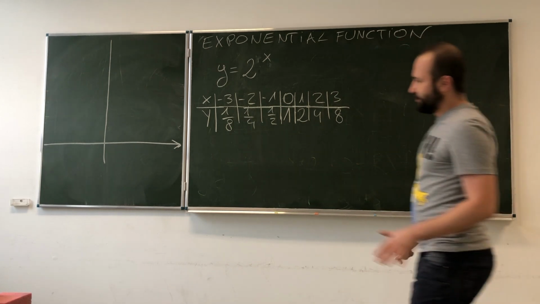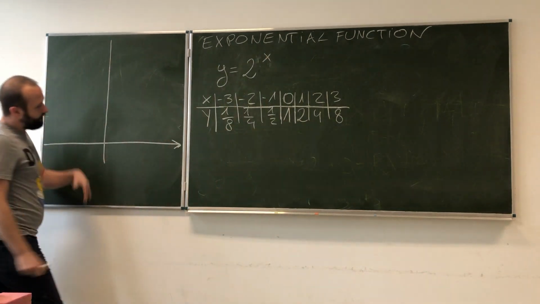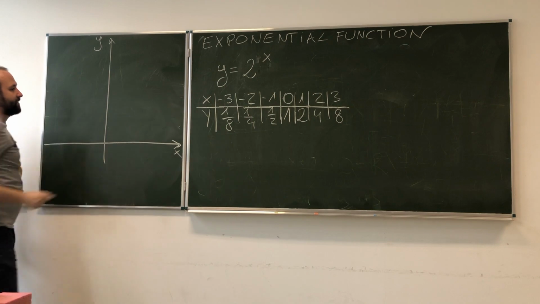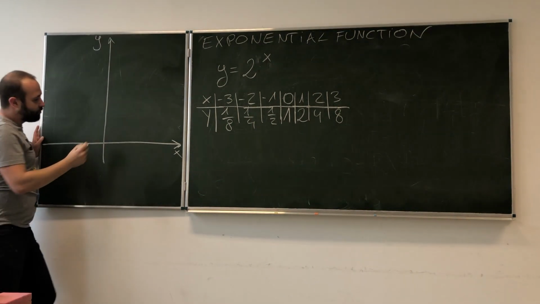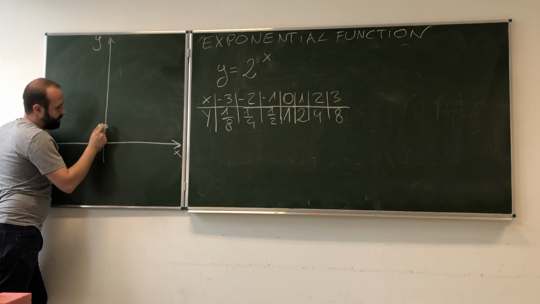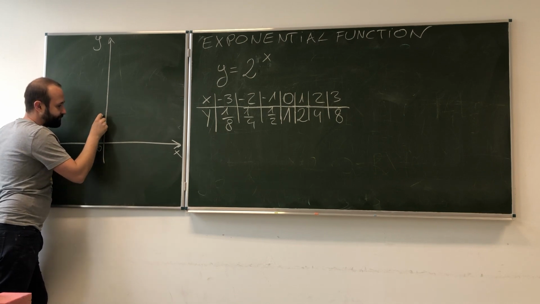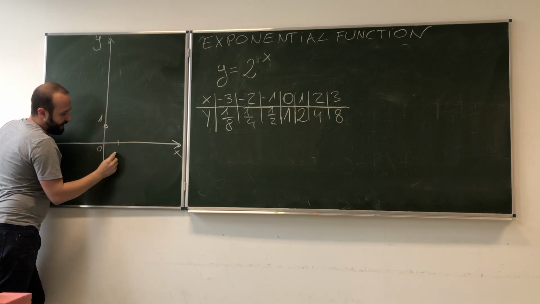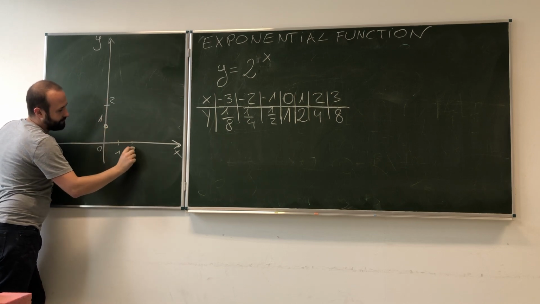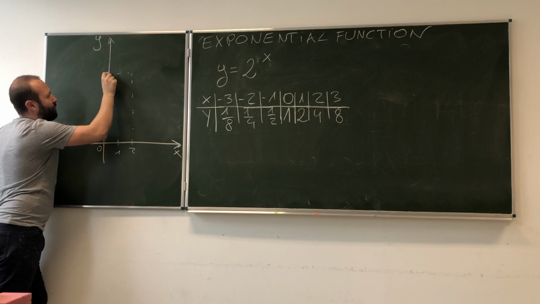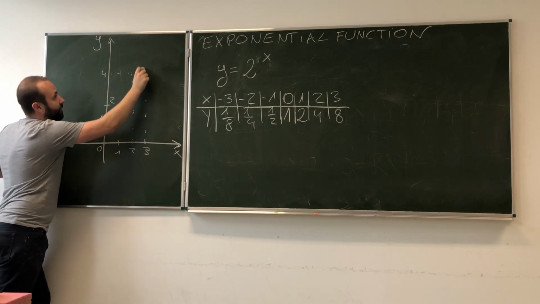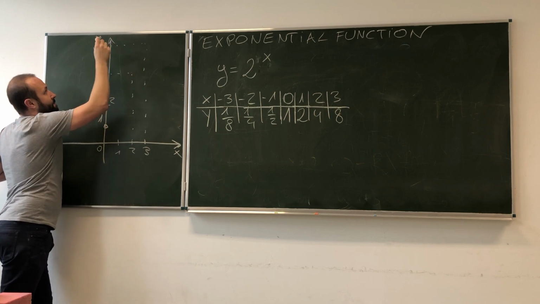So all the values of this function will be above the x-axis, where values of y are positive. And what do we see over here? First, when x is 0, y is 1. When x is 1, y is 2. When x is 2, y is 4. And when x is 3, y is 8.